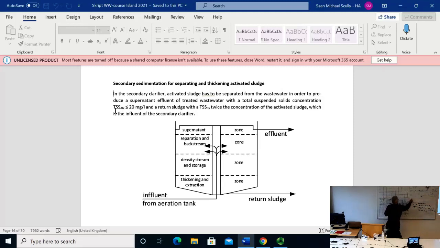How to determine the sludge volume index? Now at this point here, the TS BS. BS is for bottom of the sludge tank. No?